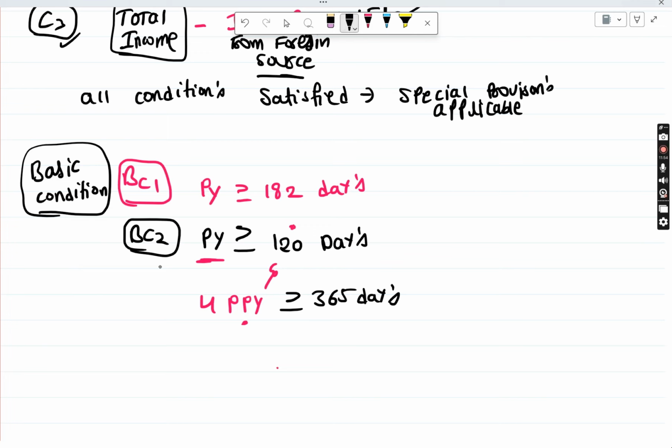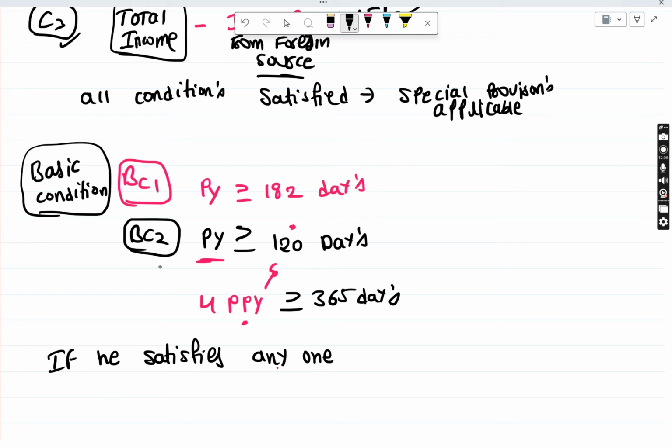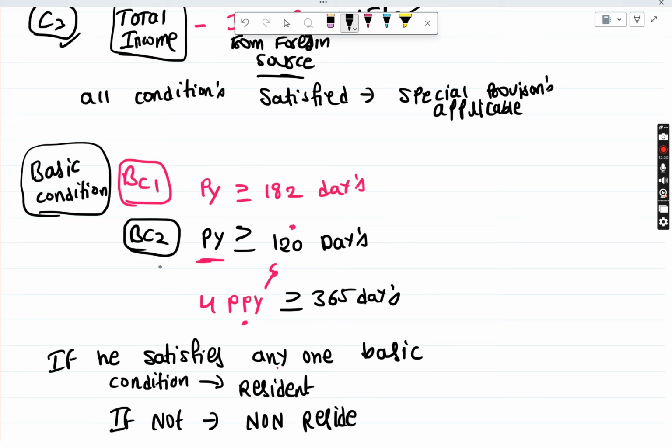If he satisfies any one basic condition, either 1 or 2, then he will be called a resident. If he is not satisfying, then he will be called a non-resident.